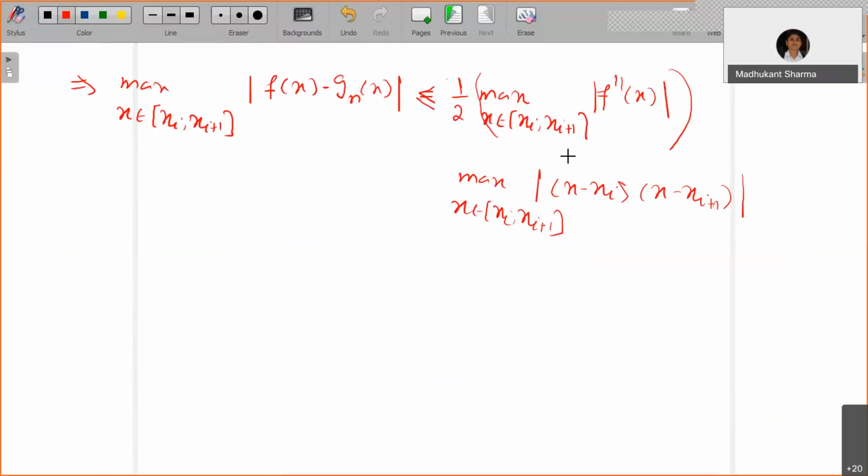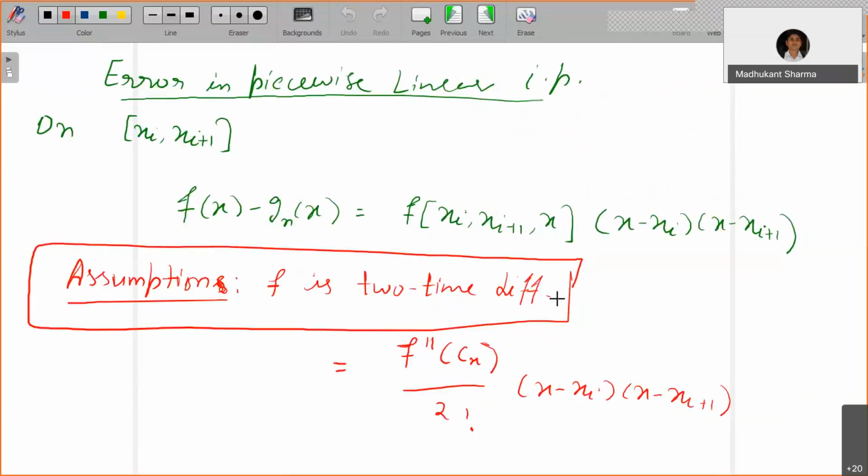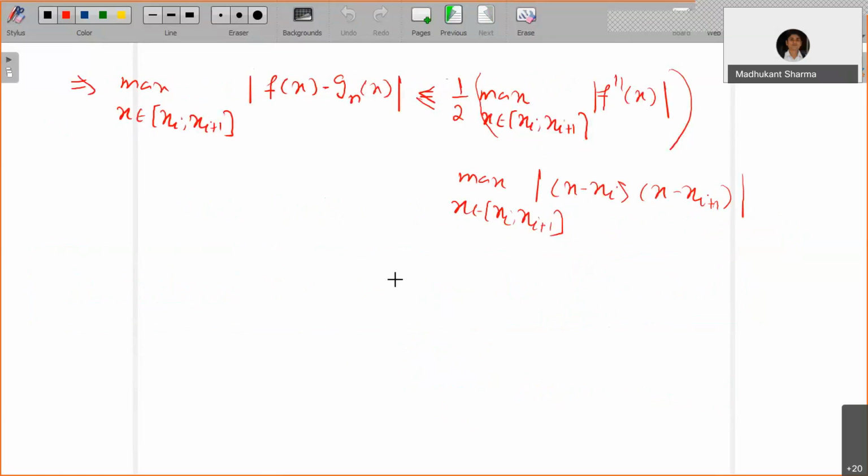So the assumption is f is two times differentiable and f double dash is continuous. This is also required to make sure the maximum does exist on the closed interval. So this is going to be less than or equal to, replacing this maximum by the infinity norm, which we know by the definition, divided by 2.